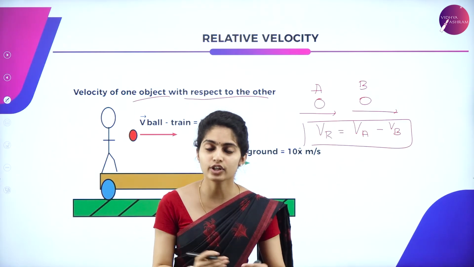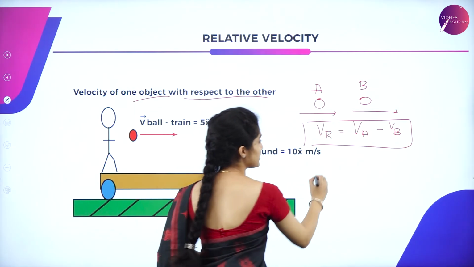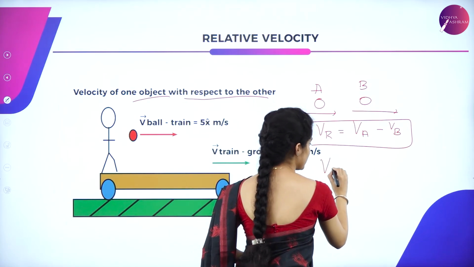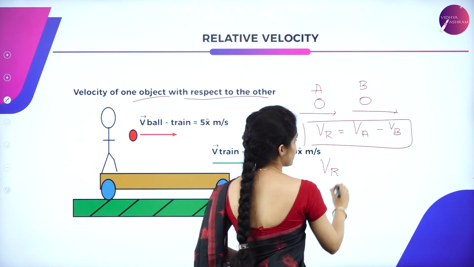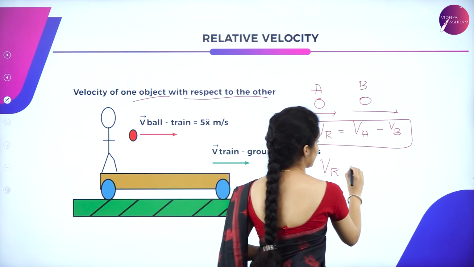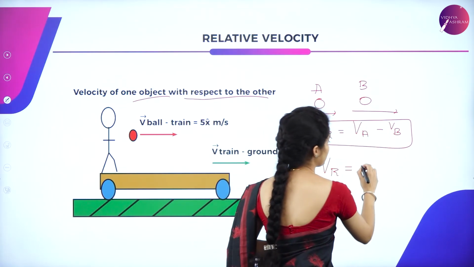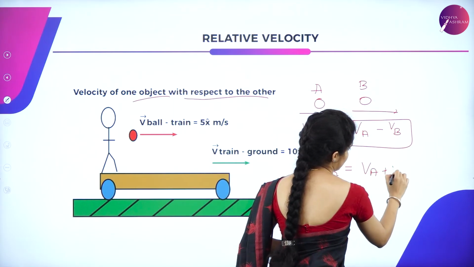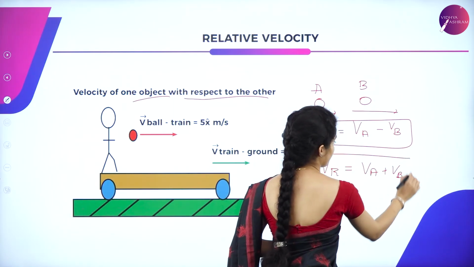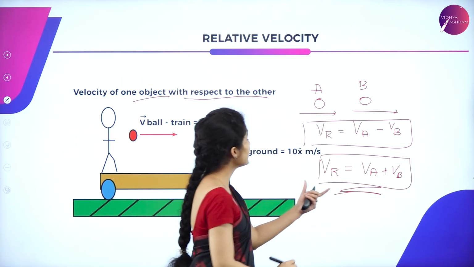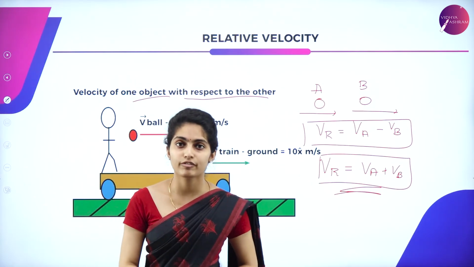If the objects are in opposite directions, the same thing happens, but the sign changes. That is the relative velocity of A with respect to B is given as this. This is how it goes. That is all about the relative velocity.